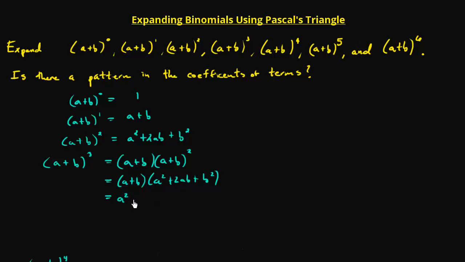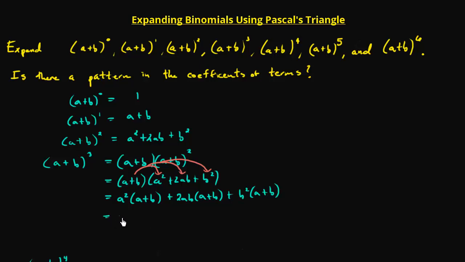I'm going to distribute (a + b) to the first term, then to the second term, and then to the third term. So I would have a squared times (a + b) plus 2ab times (a + b) plus b squared times (a + b).